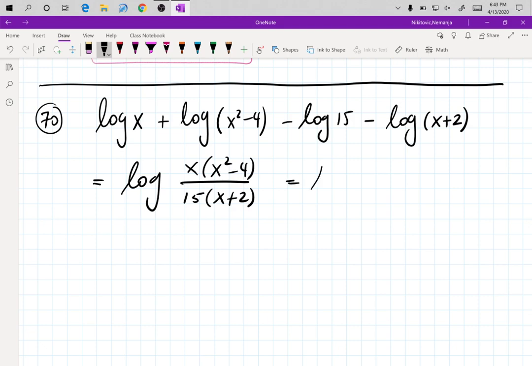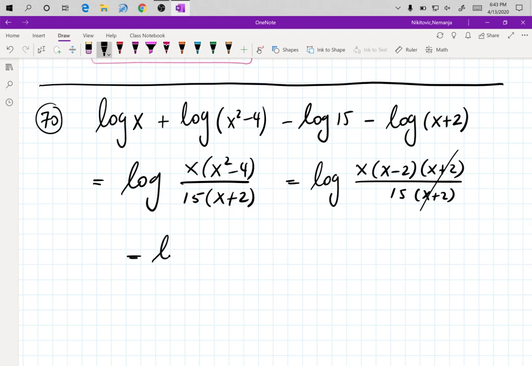So that's a standard trap over here, because that one, see? Dead. So the answer is log base 10 of x minus 2 divided by 15. So that's what you get when you condense.